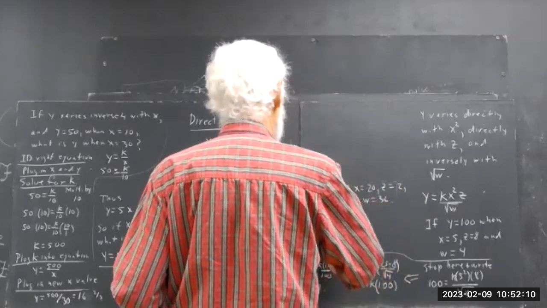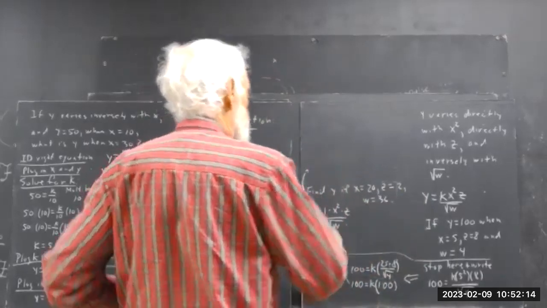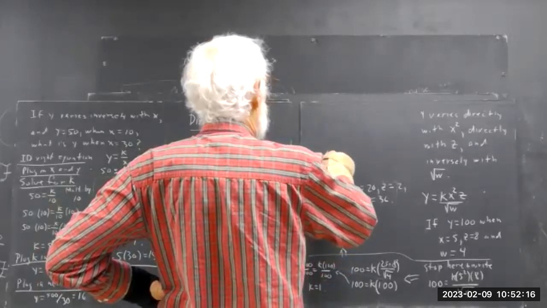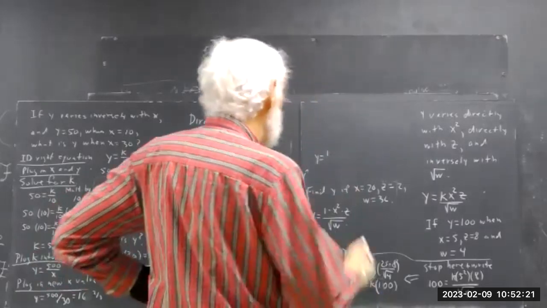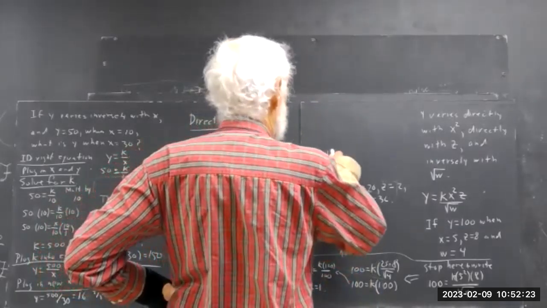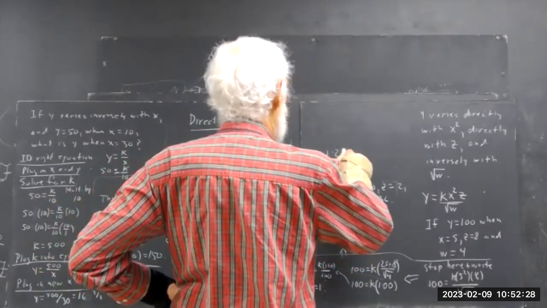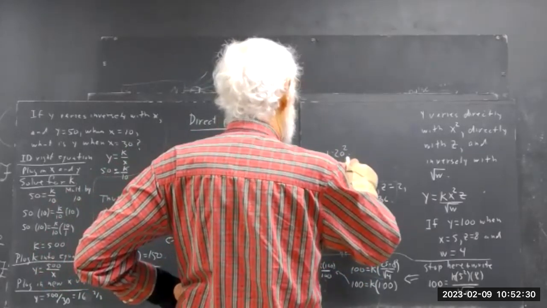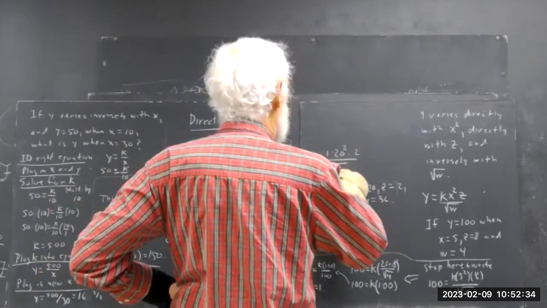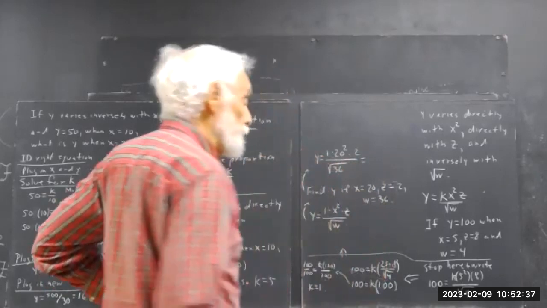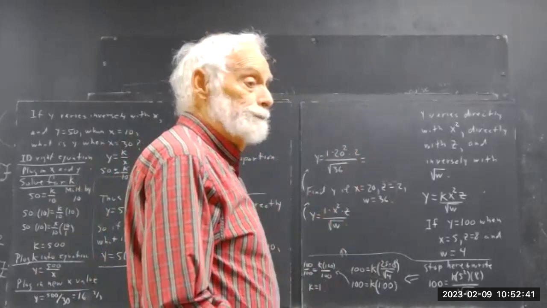So again, we're kind of working up the board. We get y equals, I'm going to write the 1 there because you're always going to write K, although you don't really have to since it's 1. 1 times 20 squared times 2 over the square root of 36. And that's just numbers. 20 squared is 400.